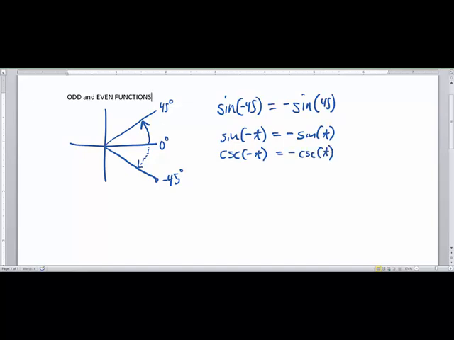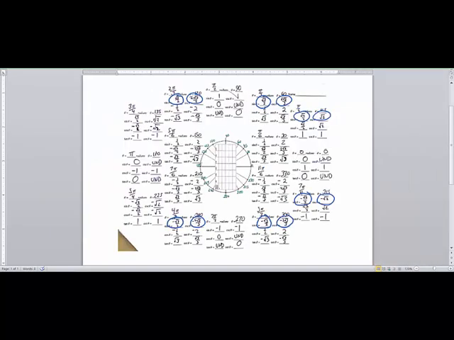All right, now let's take a look at some others. Let's go look back here. I'm going to change colors here. I'm just going to look at tangent. So let's look at tangent at 30 degrees. Tangent at 30 degrees is square root of 3 over 3. Now let me look at tangent at negative 30 degrees, which puts me at this 330 degrees. Notice they're the same except they're the opposite.